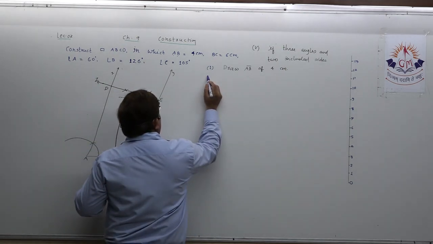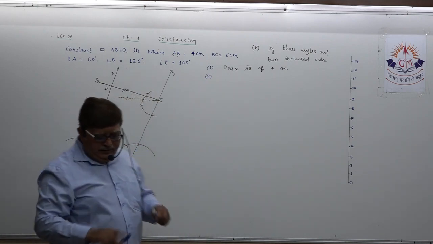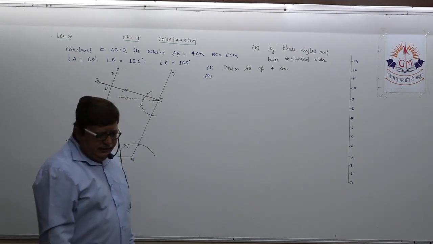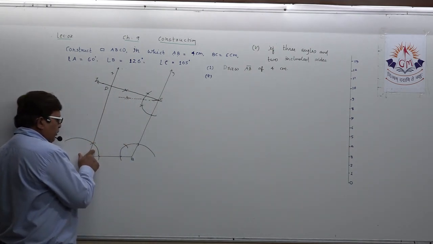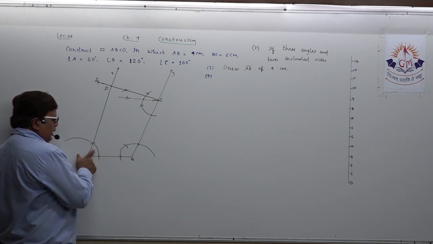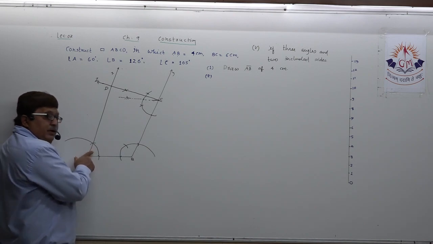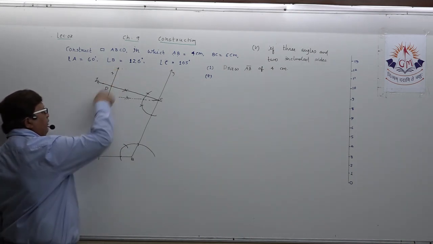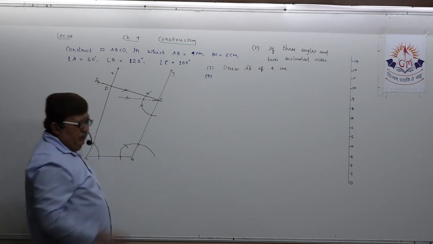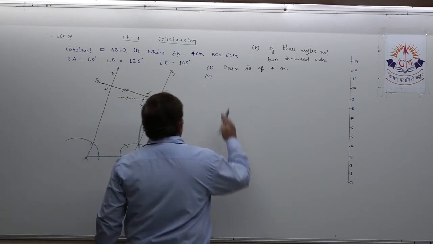Okay. Now next step, dear student, what we have done, can you gather in your mind before I write the steps here? We have constructed an angle of 60 degree at vertex A, but for realizing the angle of 60 degree, we have drawn ray AX. Please understand this. So you will write the step in this way.